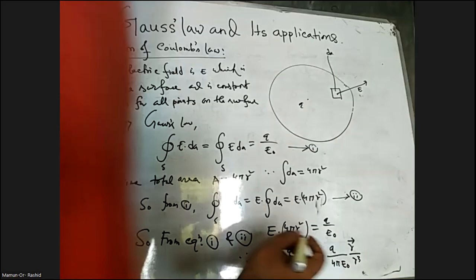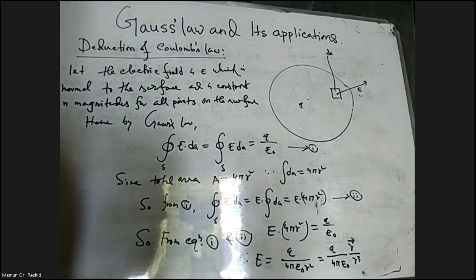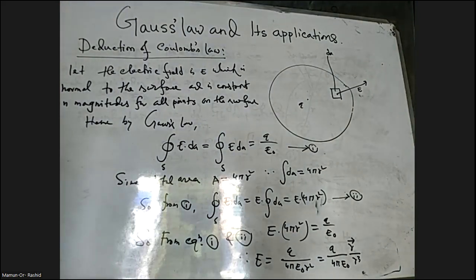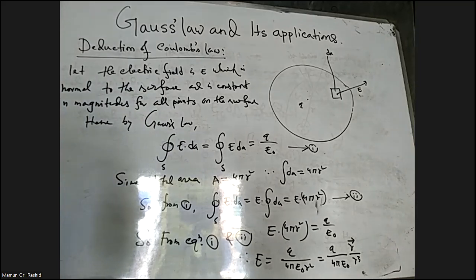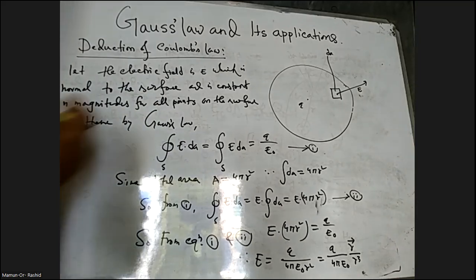This is the vector form of the electric field according to Coulomb's law. So Coulomb's law can be deduced. Hence, Coulomb's law can be deduced from Gauss law and symmetry consideration.